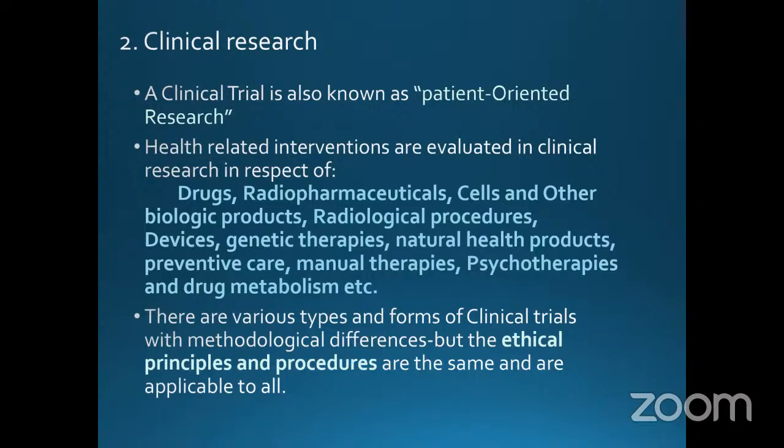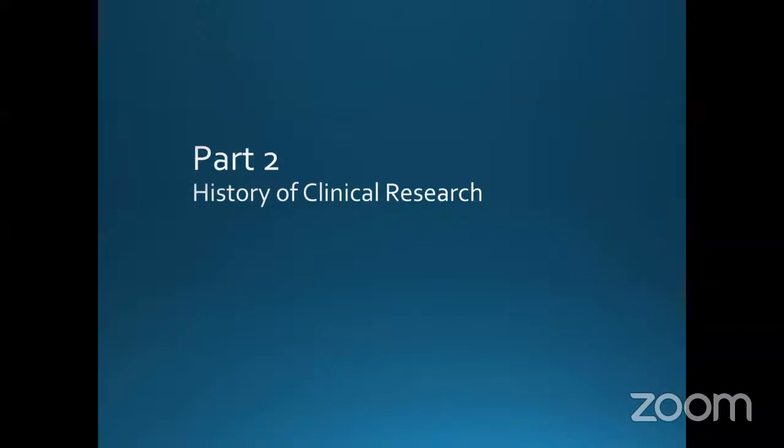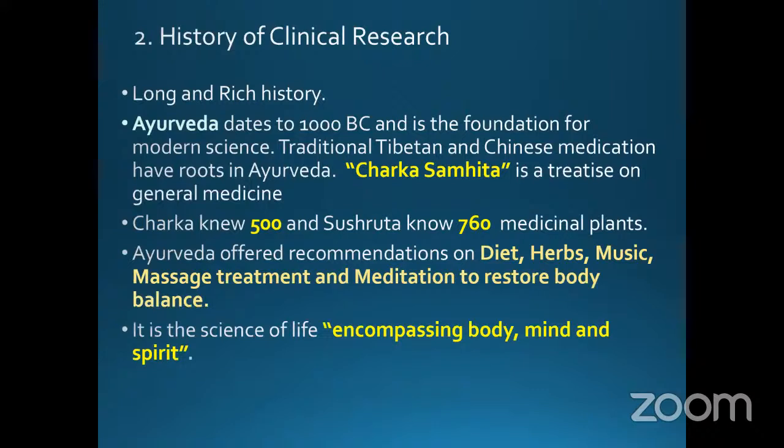It is very important for all researchers to understand that the history of clinical research has to be kept in mind, and I'll briefly touch on the important aspects. It has a long and rich history. Ayurveda dates back to 1000 BC and is the foundation for modern science. Even traditional Tibetan and Chinese medications have roots in Ayurveda.